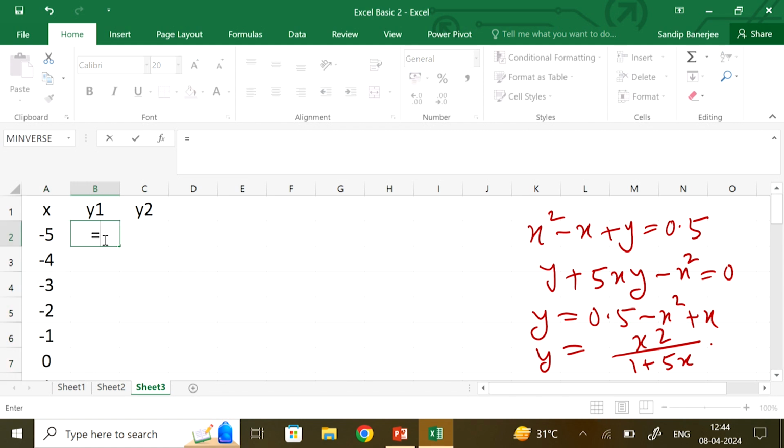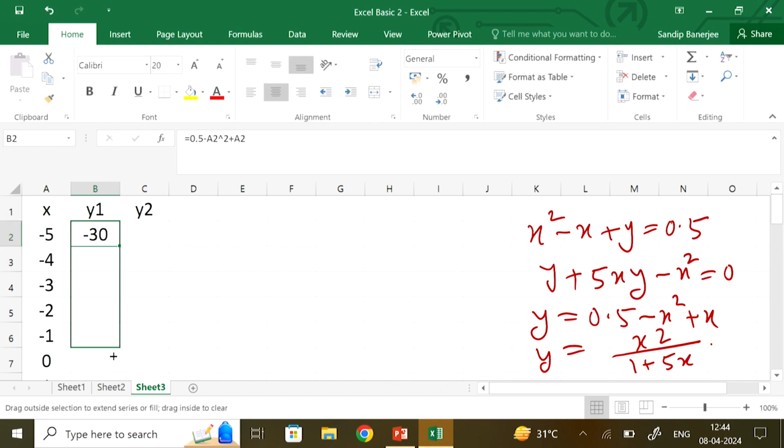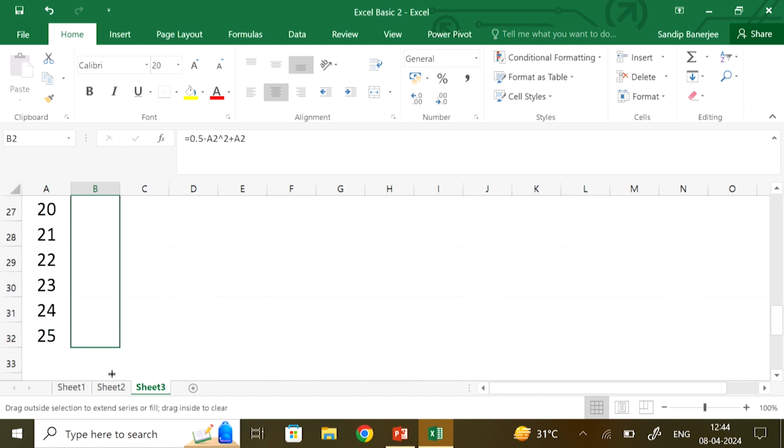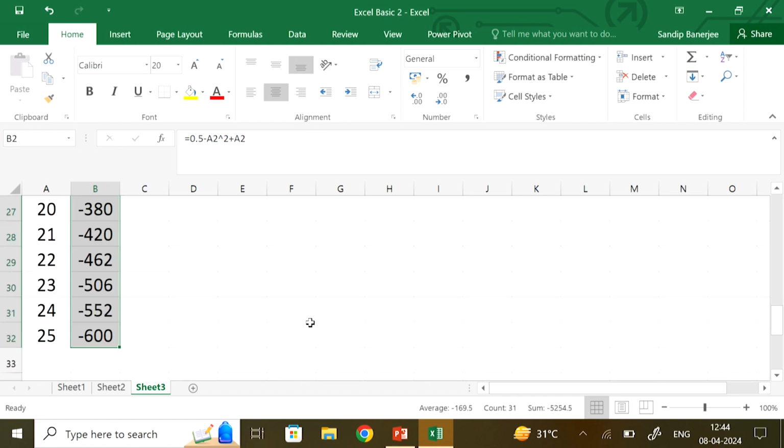So, y1 is going to be, so I will be using this formula 0.5 minus x square plus x, which is a2, and enter. So, you get this to be minus 30, you drag them, get all the values of y1.